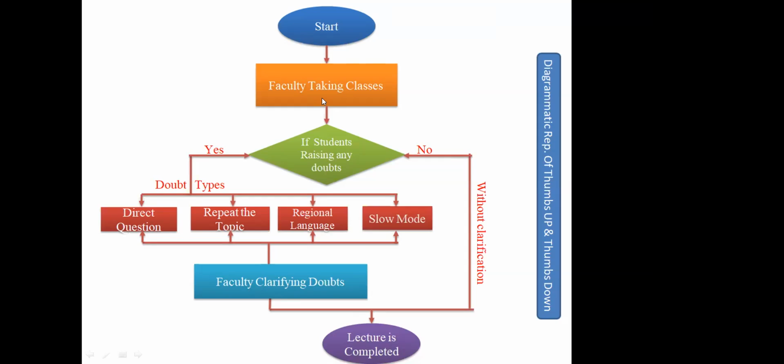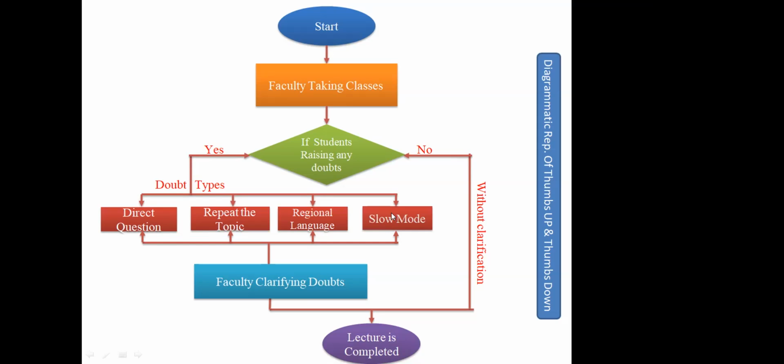Suppose when the teacher is taking a class, if no doubt comes from the student at the moment, the class is directly completed. So the diagram shows the thumbs up and thumbs down flow. See once again here. A teacher takes the class. During the class hours, if the students have a doubt, students raise the doubt in the 4 following formats: direct question, repeat the topic, regional language, slow mode.